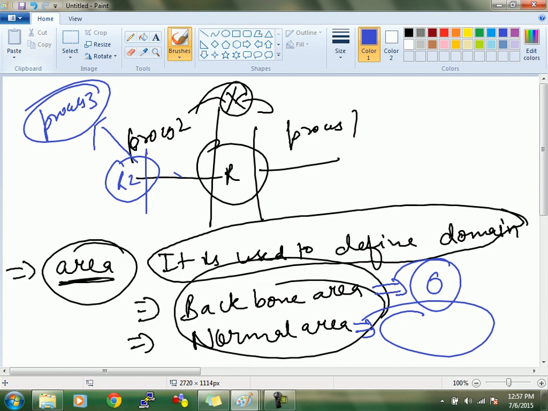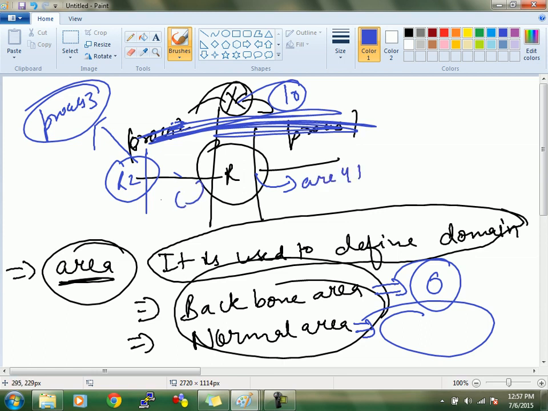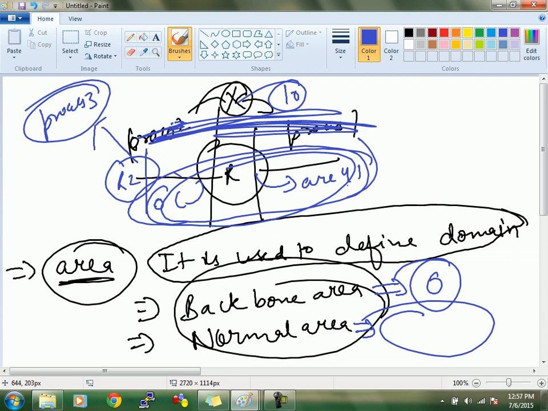So there is no need of multiple processes. So what I will do in real time, I will run only a single process, process number 10. I will mark this in area 41, this in area 0. I can define these two different domains under a same process, but in case of EIGRP it's not possible.